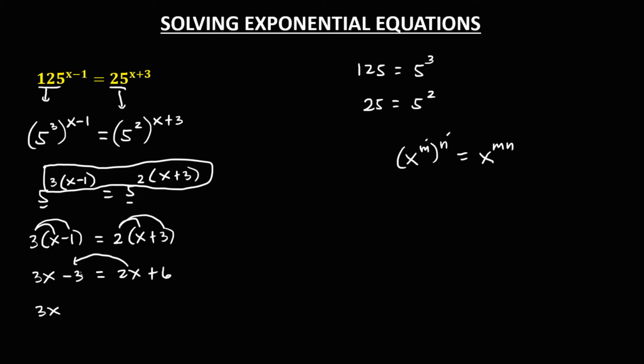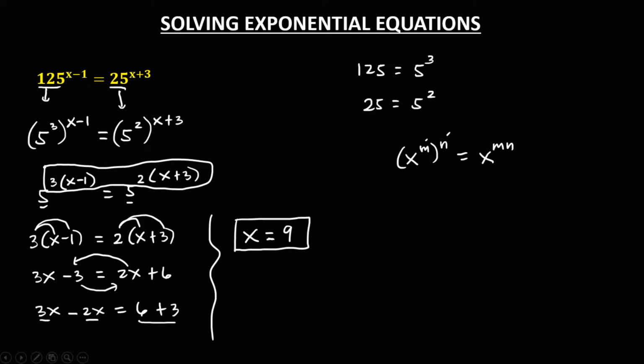Transpose this, positive 2x becomes negative 2x. Then equals 6. Transpose this negative 3 becomes positive 3. Then this 3x minus 2x, that's 1x or x, equals 6 plus 3, that's 9. So x is equal to positive 9.